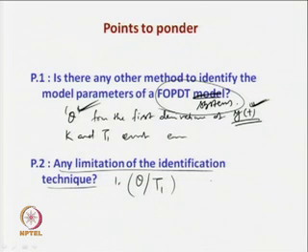That is one limitation of this identification technique. Secondly, the sustained oscillatory output must be noise free, otherwise it will be very difficult to measure the slope, which is an important parameter whose expression has to be used to estimate the 3 unknowns associated with the transfer function model.